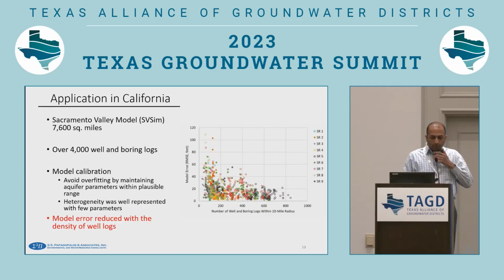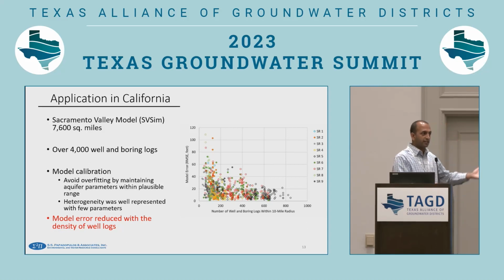And the final point I want to make for the SVSIM model is, when we plot this, on the y-axis is the model error as RMSE, root mean squared error. On the x-axis is the number of well and boring logs within a 10-mile radius of that observation well.